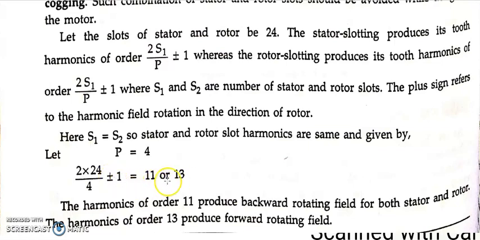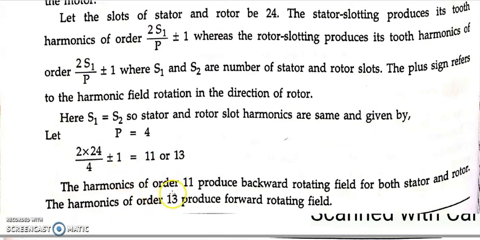If I apply plus, I'll get 13. If I subtract, I'll get 11. So the 11th harmonic is always a backward rotating field, or backward torque you can call it, and the 13th harmonic is always produced in the forward direction. This will aid and this will oppose. This will be in the backward and this will be in the forward direction as that of your fundamental waveform.